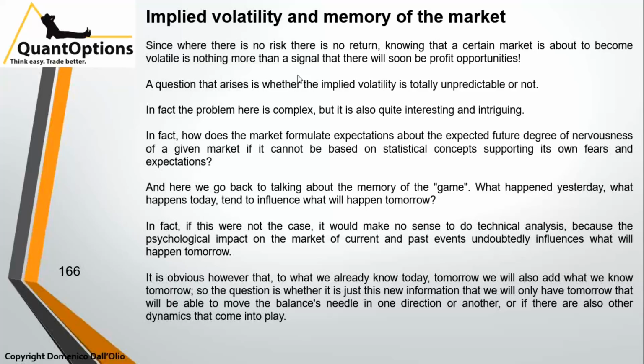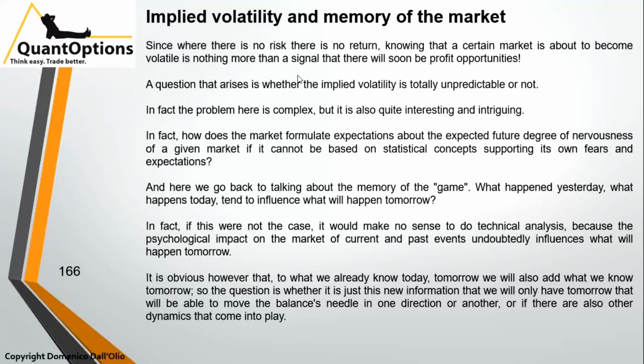A question that arises is whether the implied volatility is totally unpredictable or not. In fact, the problem here is very complex, but it is also quite interesting and intriguing. How does the market formulate expectations about the expected future degree of nervousness of a given market if it cannot be based on statistical concepts supporting its own fears and expectations?